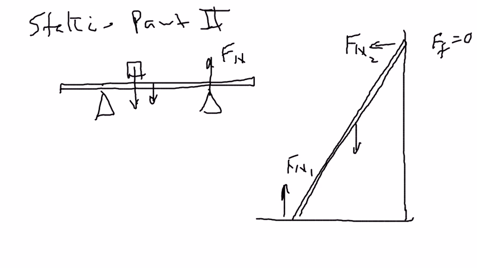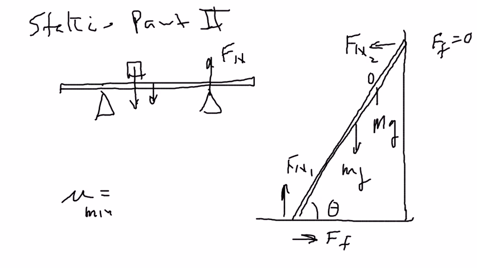We have the mass of the ladder, mg down, and then there'll be a body on the ladder, so we'll call it big Mg down. There's an angle, and then there's a force of friction, and then the question just becomes, what's the minimum mu? Mu minimum equals what?